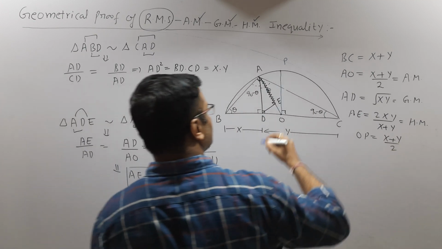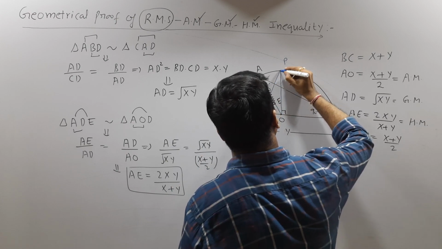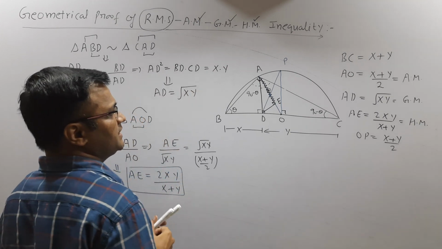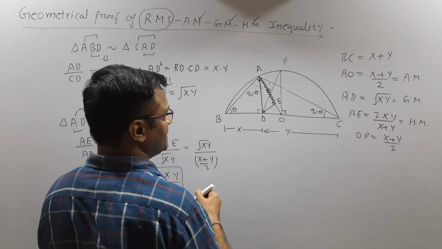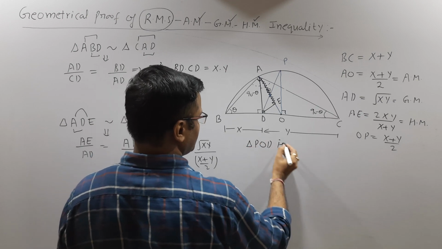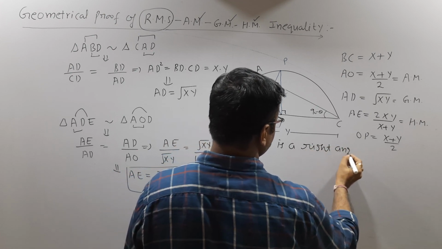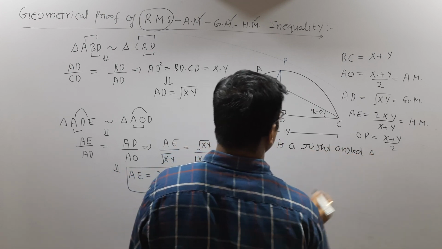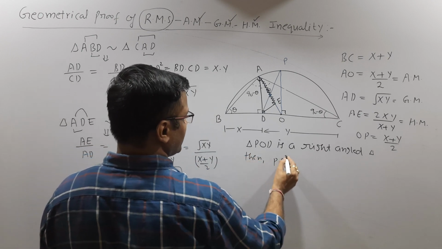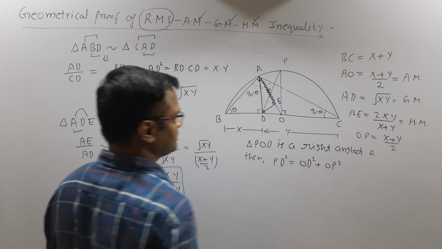And if we connect point P with point D, then what is the length of PD? Obviously triangle POD is a right angle triangle. Then by Pythagoras theorem, PD square equals OD square plus OP square.